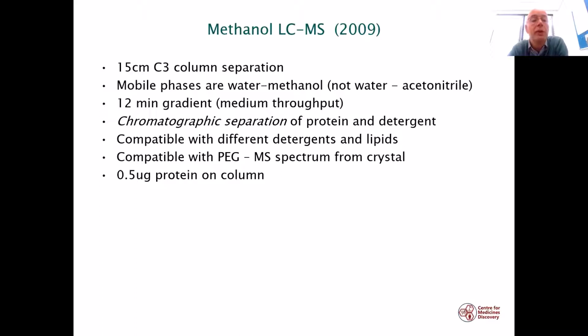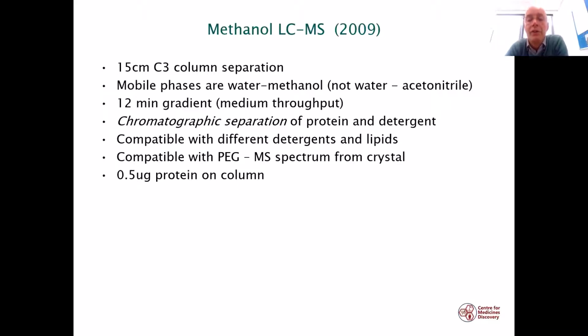So how this method works is we have a fairly weakly binding column, a C3 column, so our protein will interact with that column, but not particularly strongly. We have a mobile phase, which is water and methanol. We run that over a medium length gradient, and the idea is that we achieve chromatographic separation of the protein and the detergent.